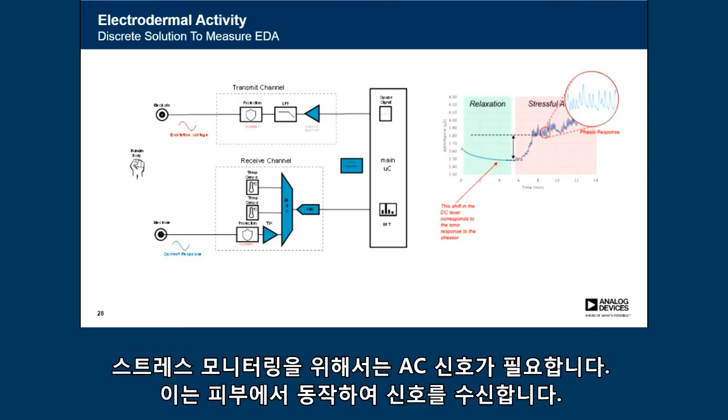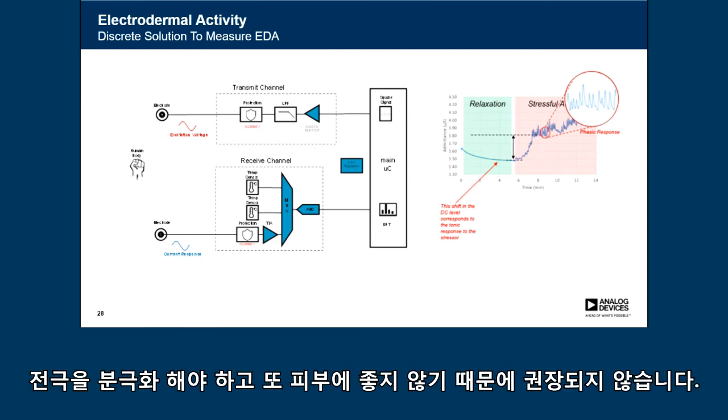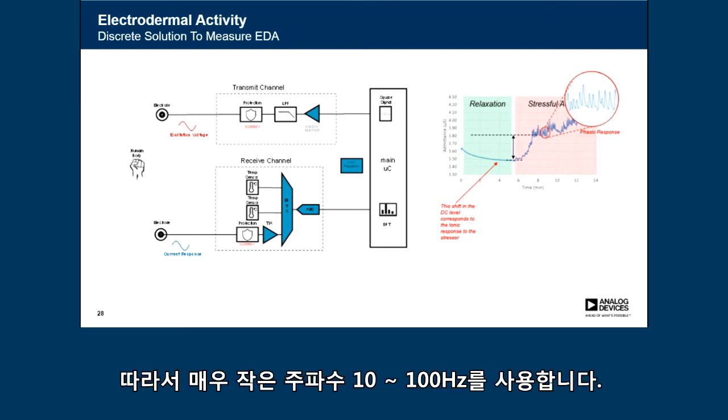What we need for stress monitoring is an AC signal that you drive into the skin, and a receive signal. As I mentioned, you can measure from DC, but usually you don't want to do that since you polarize the electrode. It's bad for the skin. So you take a very low frequency, let's say 10 to 100 hertz.